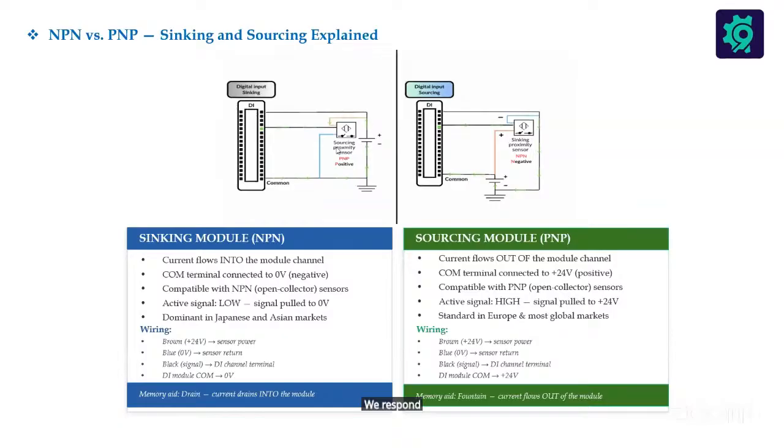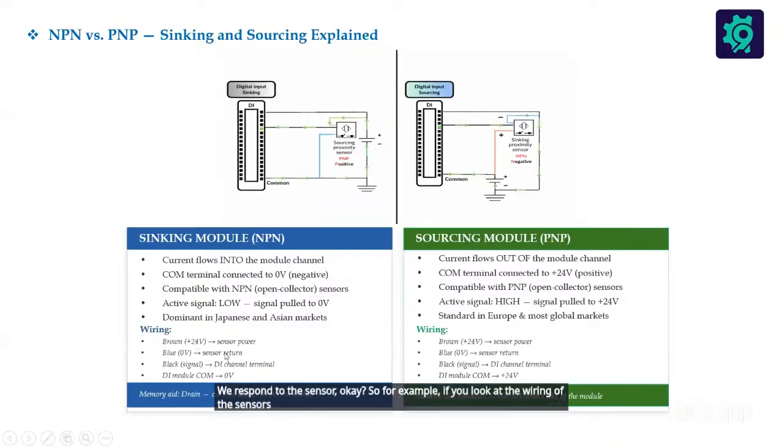For example, if you look at the wiring of the sensors on this, you will realize that despite the fact that they are sinking or sourcing, the brown still remains 24 volts, the blue still remains 0 volt, and the black still remains the signal. So whether it is NPN or PNP.